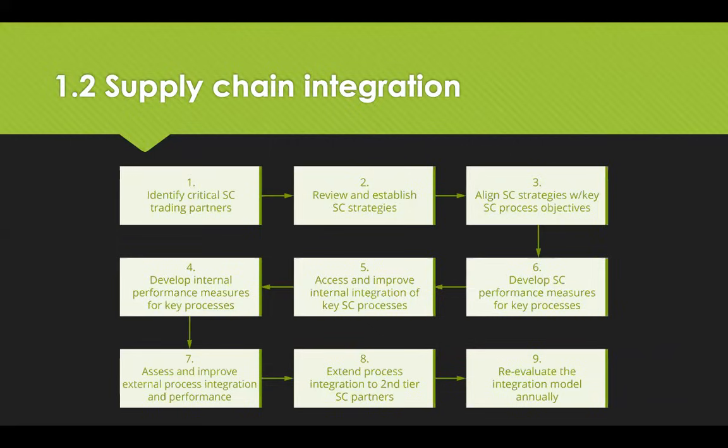Step 4 is concerned with the development of internal processes in terms of performance measures. Step 5 and 6 are about improving internal processes and the measures. And step 7 and 8, improving external processes and extending integration to their second-tier suppliers. And step 9, it's important to annually re-evaluate the model to ensure changes can be made where necessary.